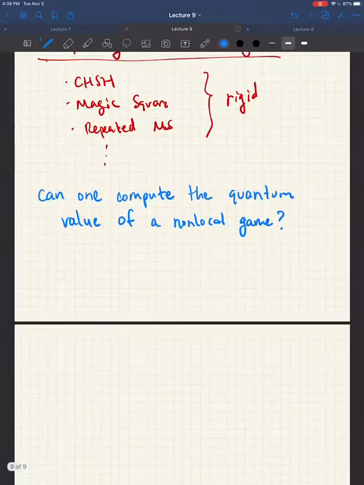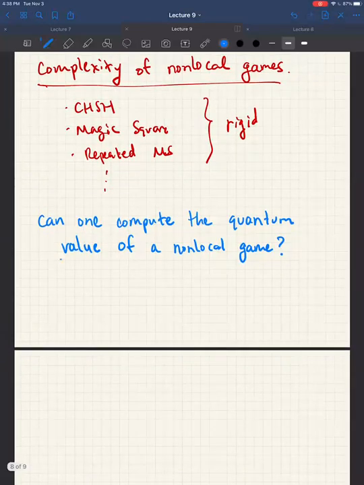Remember that a quantum value just means the optimal quantum success probability.